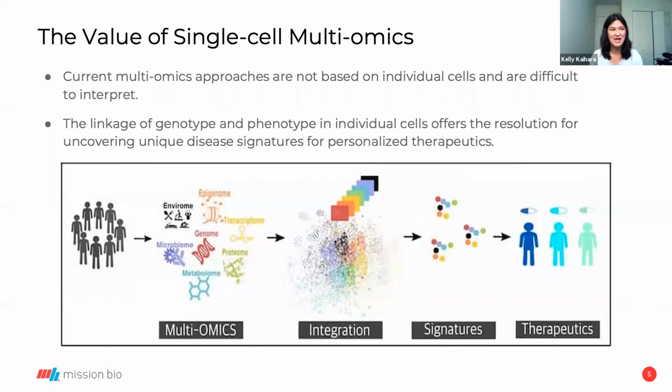With the advent of all these new technologies, typically we want to run our sample through as many of these as possible, but then we're left with the task of very complicated data integration. How do we stitch together all these pieces of information from all these different analytes back into a meaningful signature so that we may better provide precision medicine to patients with disease? This is hard when you're running that sample across many different platforms.